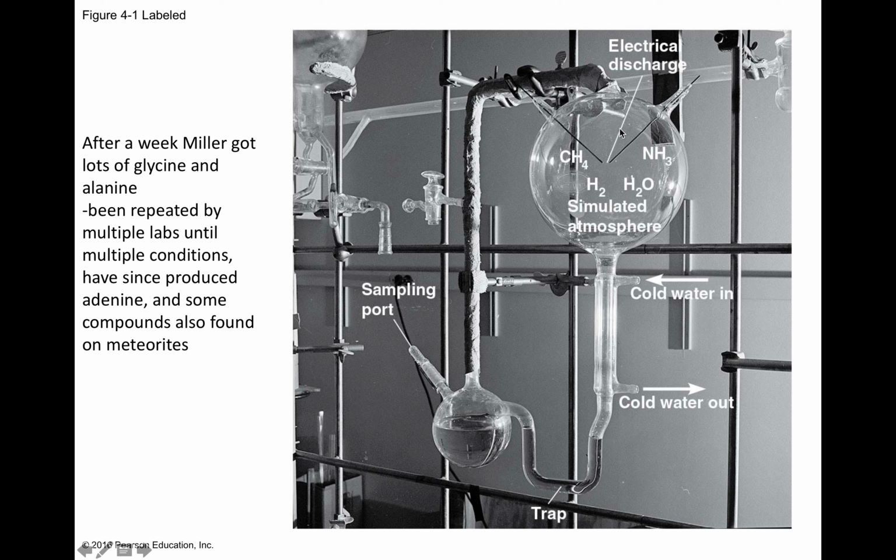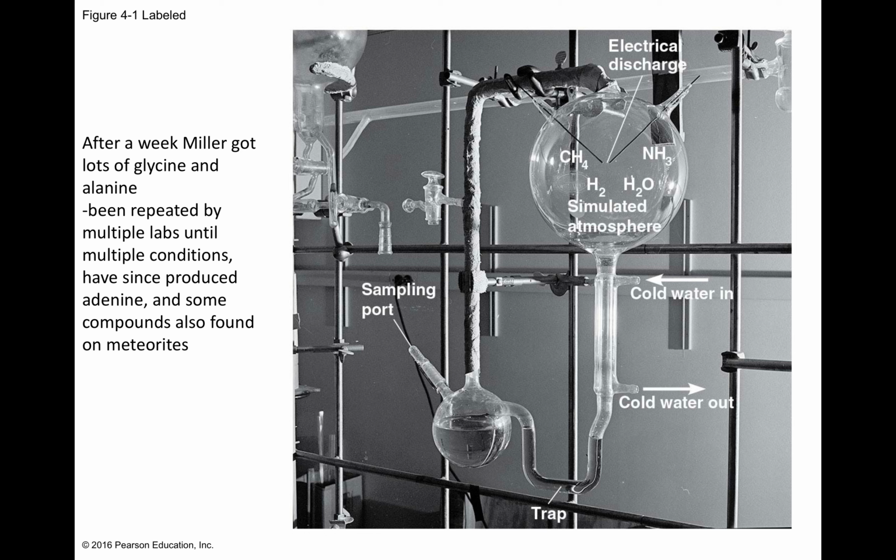It's now thought that the conditions he used to start this experiment are not what early Earth really looked like. The chemical composition is now thought to be different. However, his results, meaning that he could make early components of life, biological molecules such as adenine, for example, and amino acids, that has been repeated over and over again in subsequent experiments.